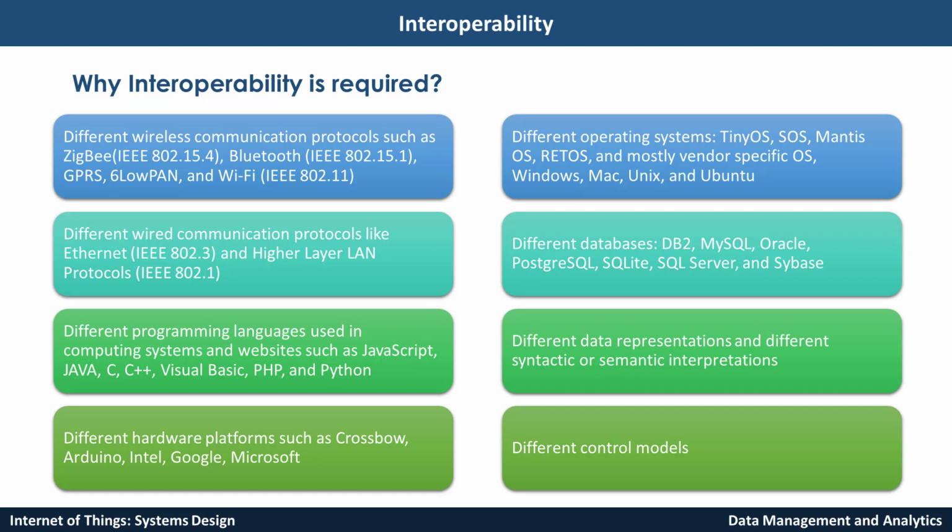So you can think about a large number of combinations, which it is impossible for a small developer or a small company to support. That is why we need interoperability, so each device can talk to the other devices without developing specific adapters or any translation units.